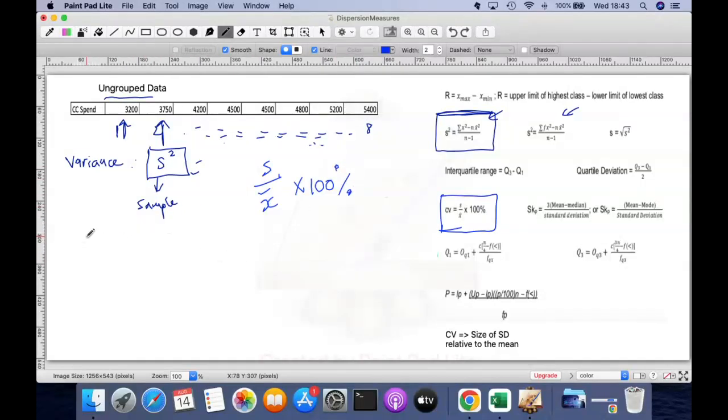I'll write it out for you. Your S is 77.73, and your mean is 443.75. We worked this out earlier.